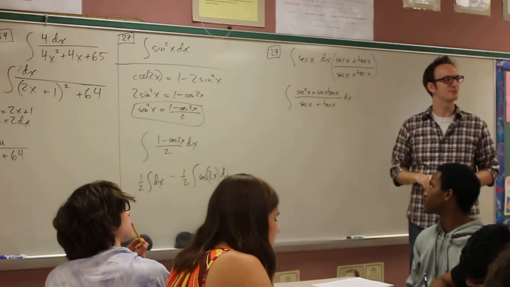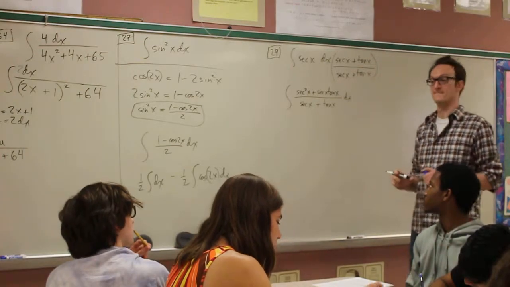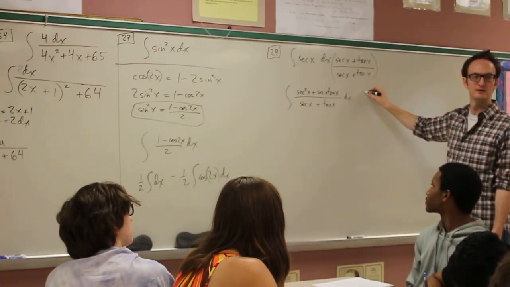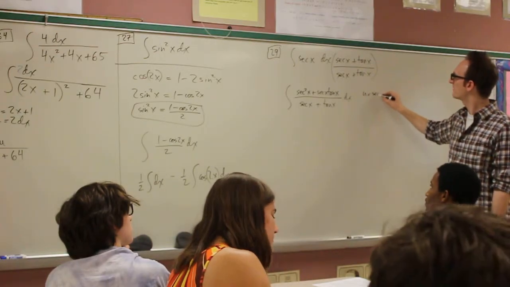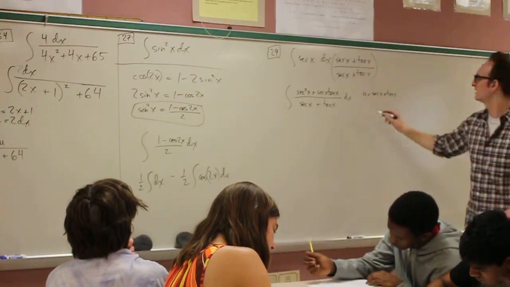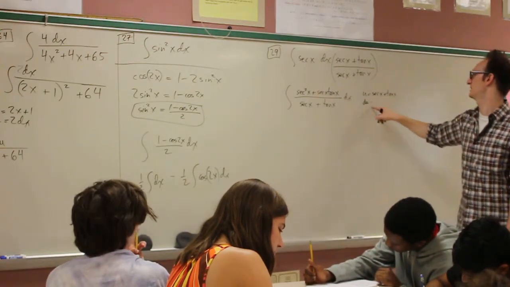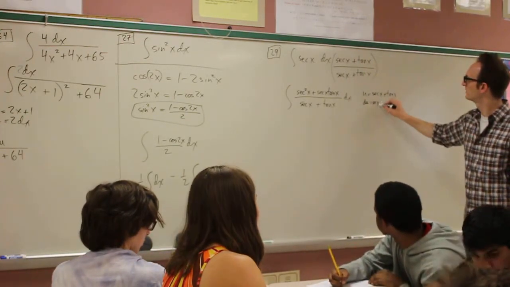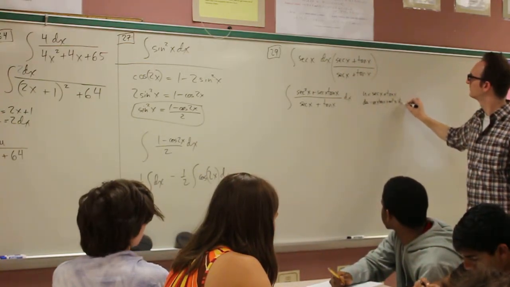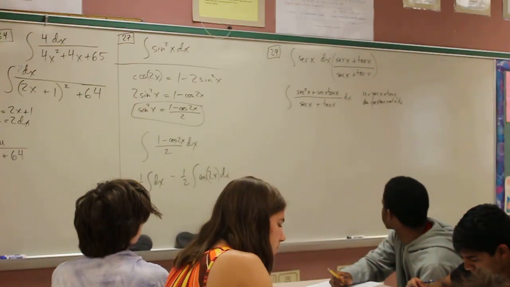Does it look like someone did some chain rule here? What should I let u be? Secant x plus tan x. If I let u be that denominator, then du is secant x tan x plus secant squared x. In other words, exactly the numerator.